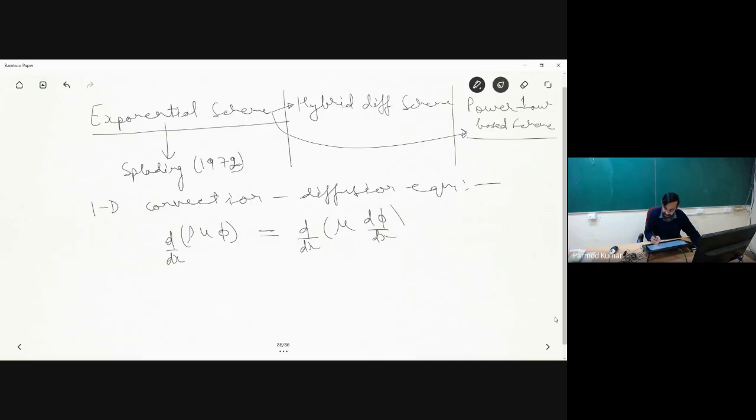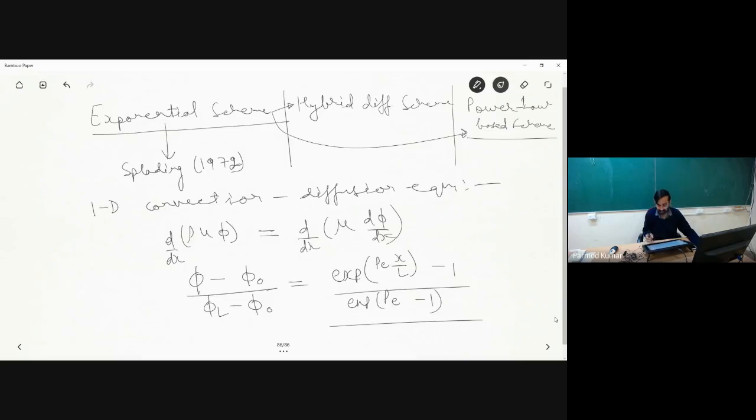Okay, so we have seen already that finding the exact solution of this particular equation is actually very, very easy, and the exact solution we have seen is nothing but (phi minus phi naught) divided by (phi L minus phi naught) equal to (exponential of Peclet number into x by L, minus 1) divided by (exponential of Peclet number minus 1).